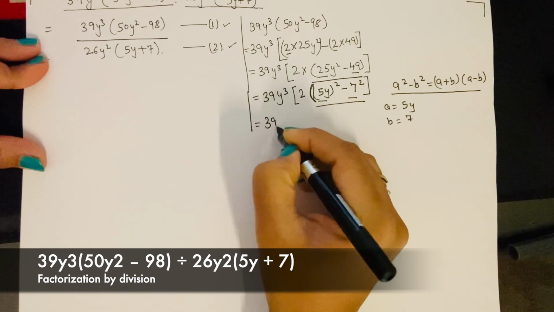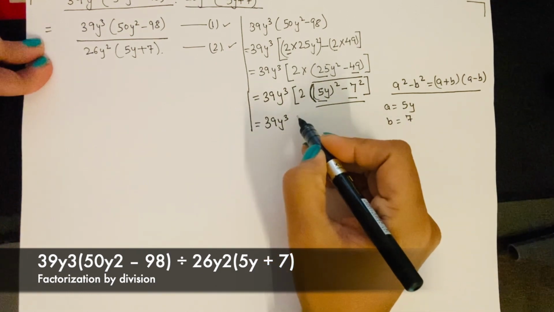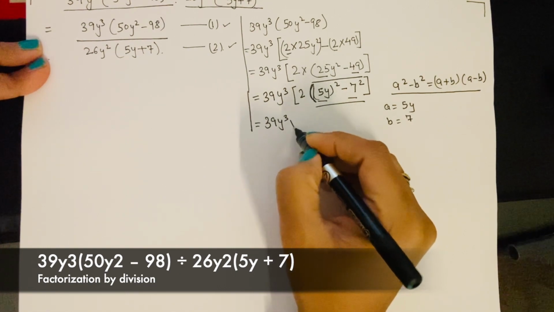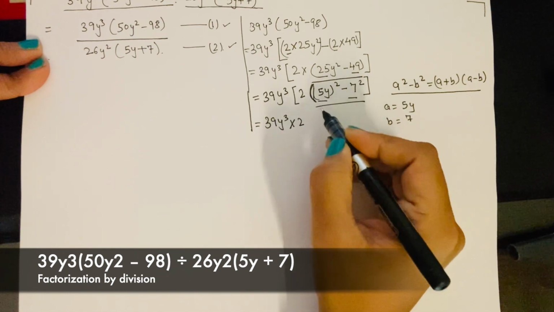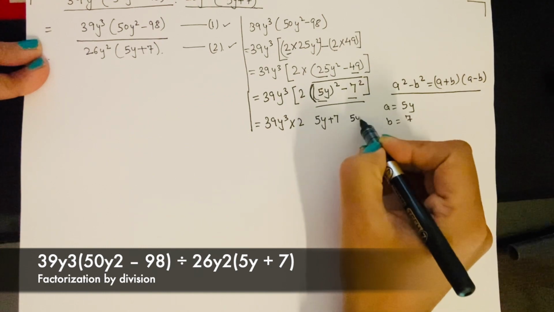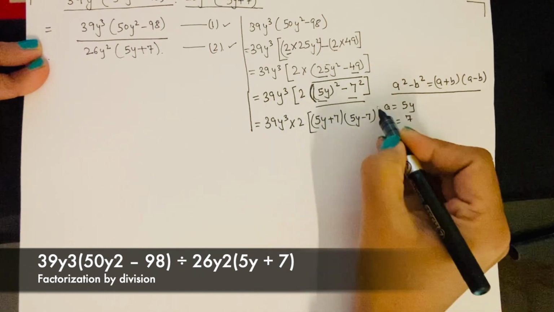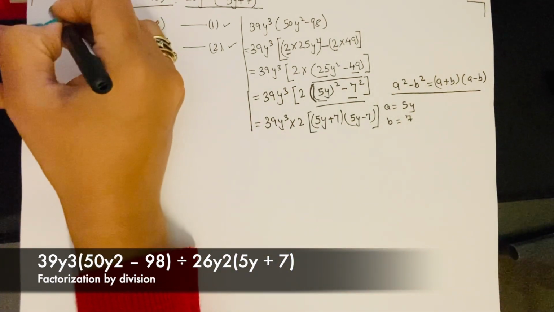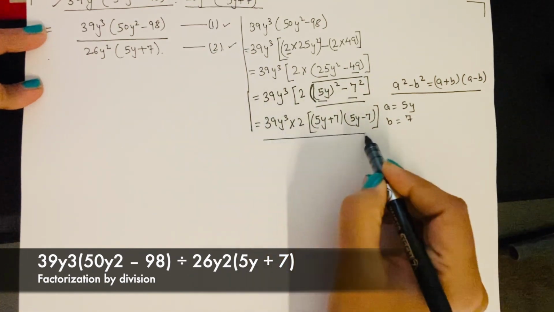Further we'll write 39y cube, multiplied by 2, and then 5y plus 7, 5y minus 7. Put these two in bracket and close the bracket. So the first equation becomes this now.